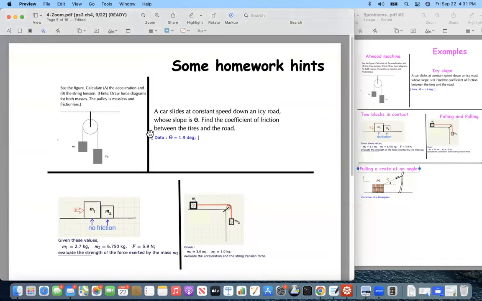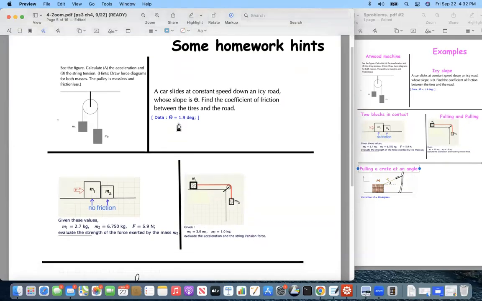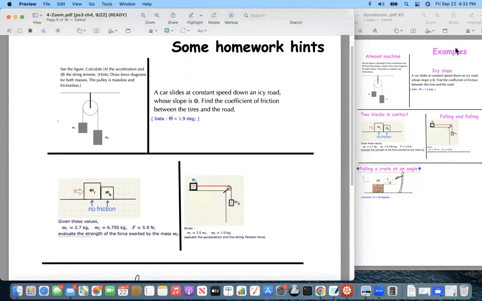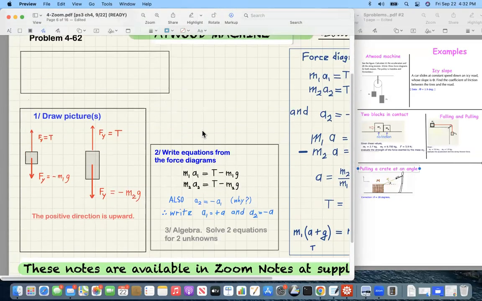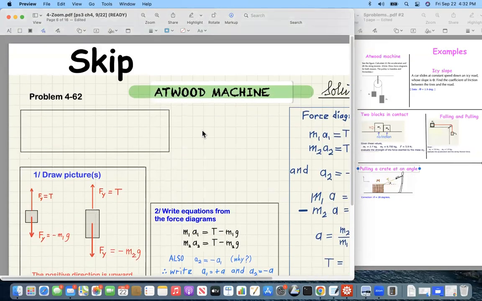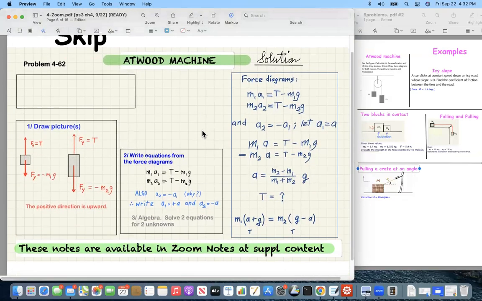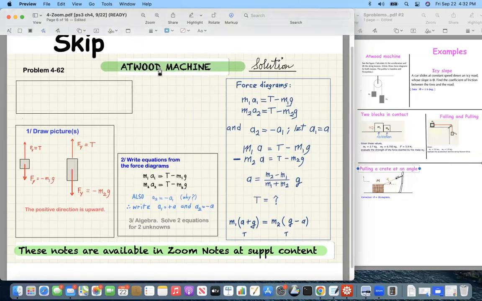All right, so we're going to go over some examples. These will be sort of hints for some of the homework. I have them over here, actually. This Zoom meeting is going to be too long if I go over everything, so I'm going to skip some things. One example is the Atwood machine, this problem.